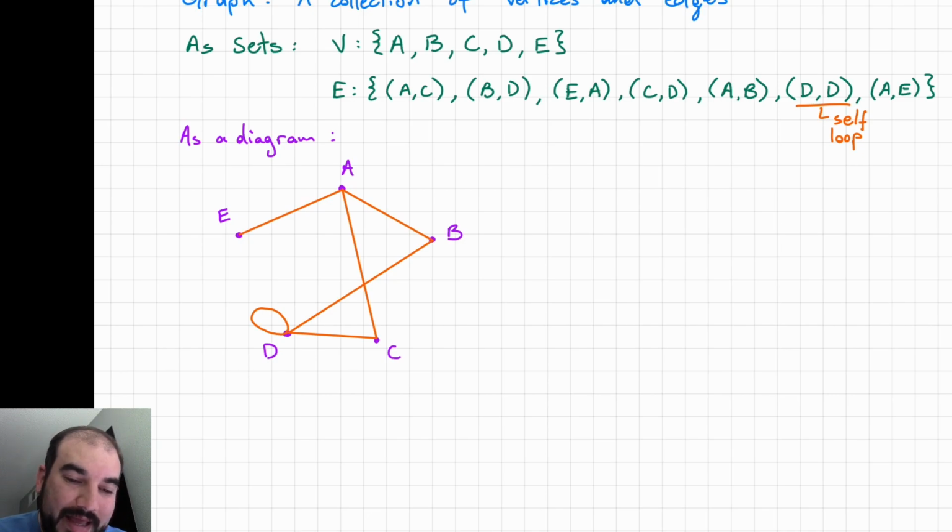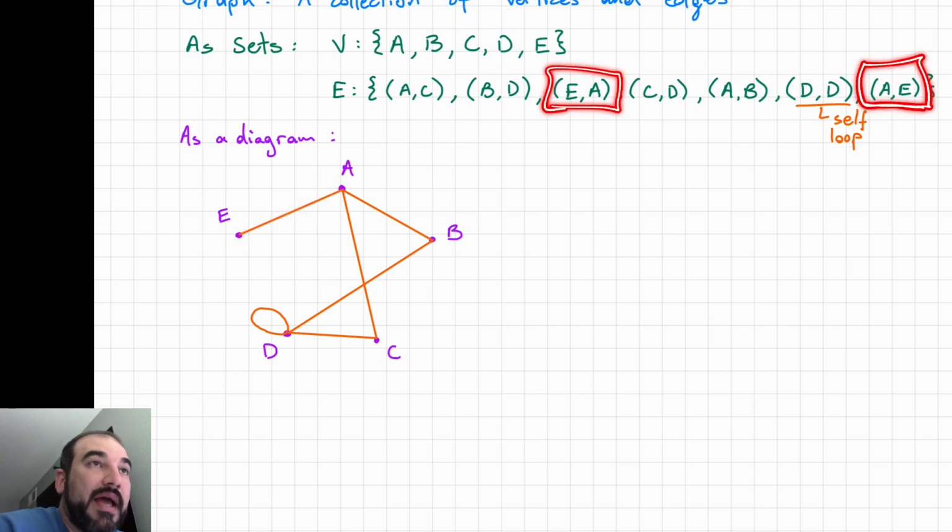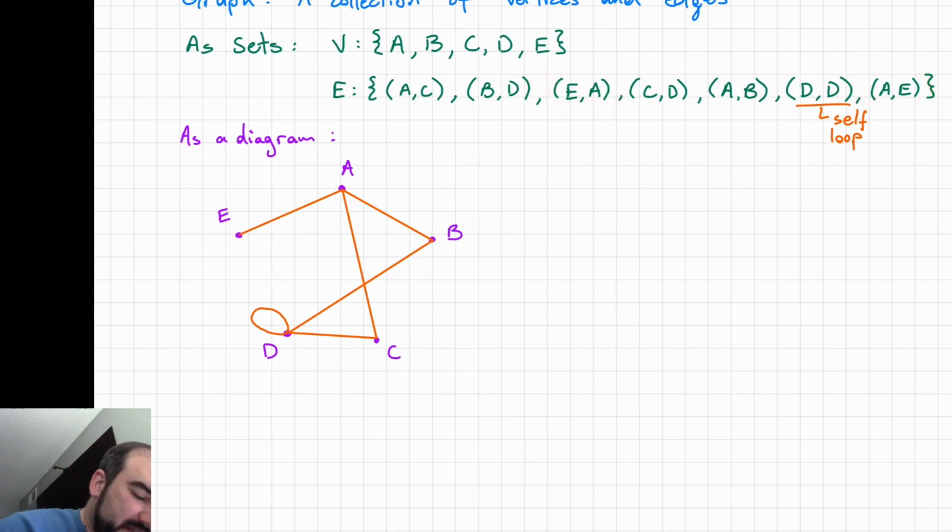And then finally, AE means there's an edge between A and E, but I already have one there. But the fact that there are two edges connecting A and E in this set means there are two edges connecting A and E in the diagram.